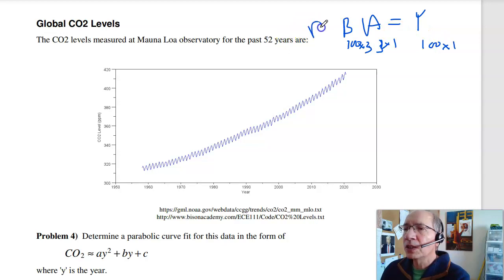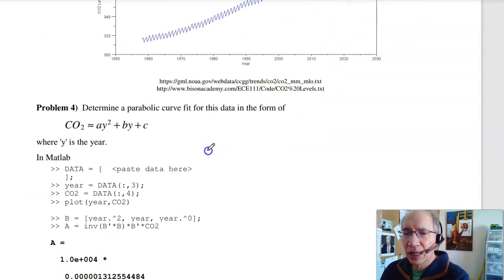What I do is multiply on the left by B transpose. B transpose B is a 3 by 3 matrix. You can usually invert a 3 by 3 matrix, so multiply on the left by B transpose B, and that's what you get.